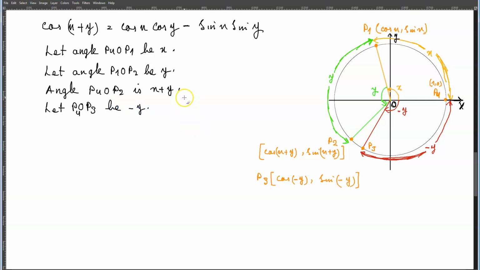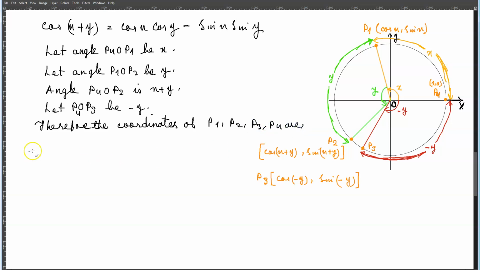And therefore the coordinates of P1, P2, P3, and P4 are: P1 would be cos x, sin x.